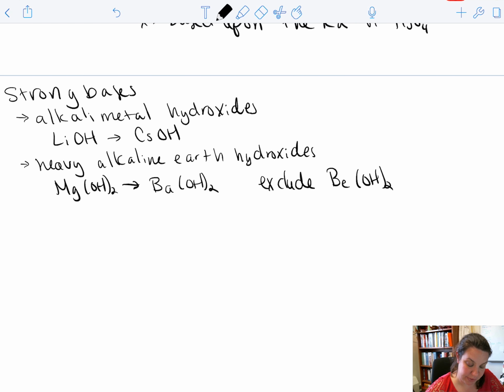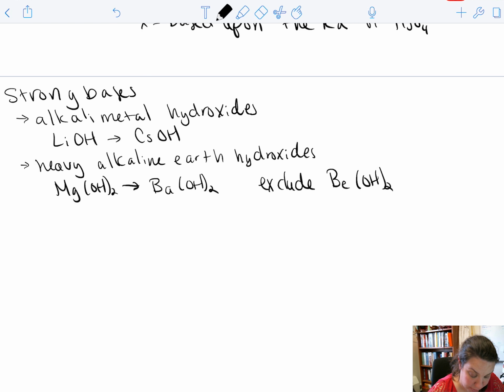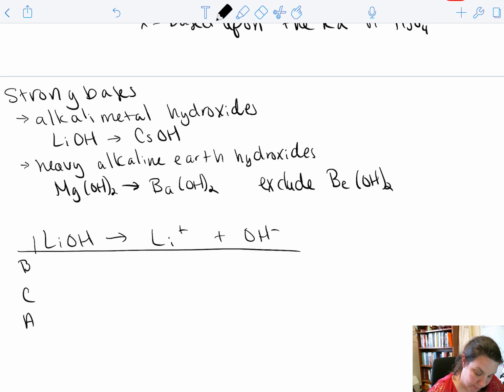So if we think about our strong acid, or sorry, our strong bases, such as lithium hydroxide, we break down to lithium ions plus hydroxide ions. Since we're dealing with full dissociation, we use a BCA table. Anytime we have a one-way arrow, we can use a BCA table.